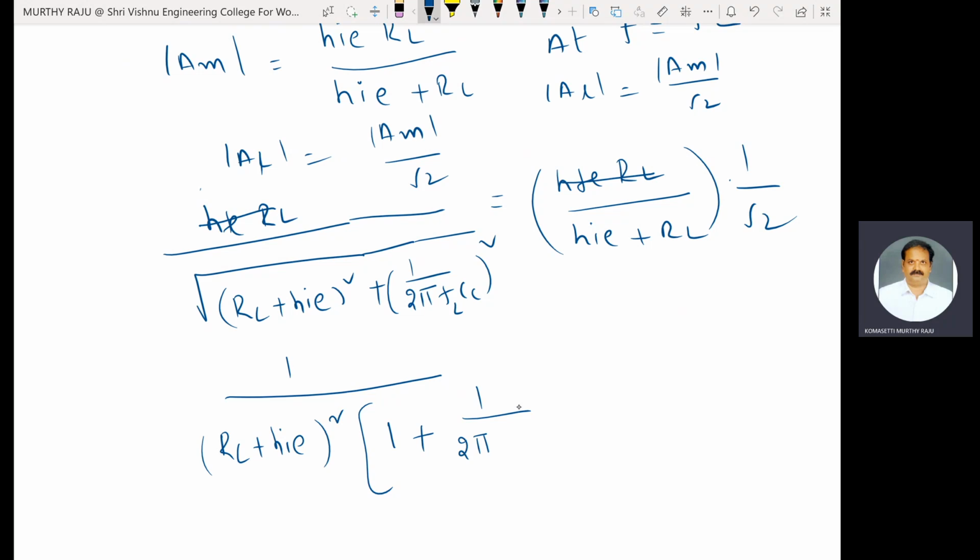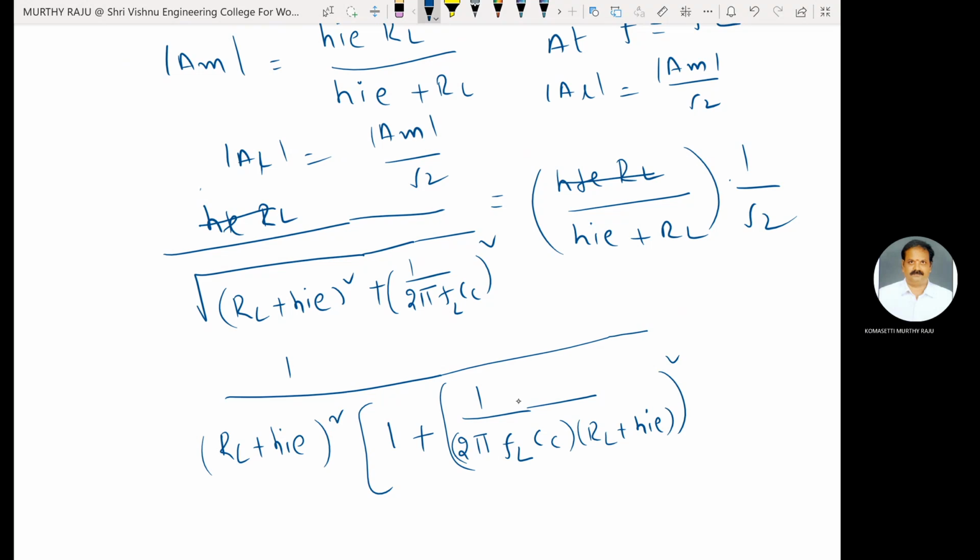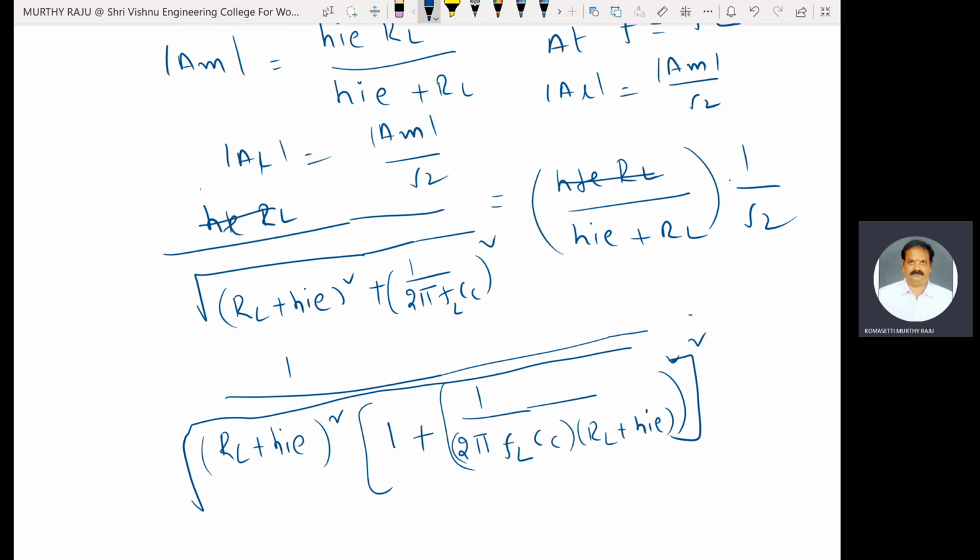Here F is FL, so at F equal to FL, 2 pi FL CC. Under the root, the total is 1 by root of HIE plus RL.